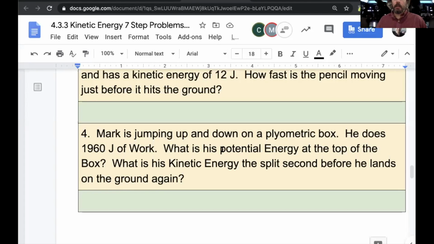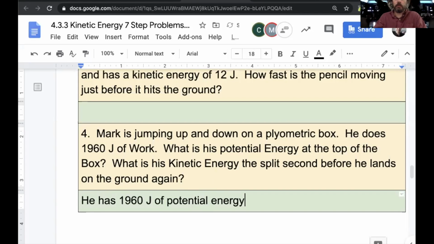Okay. When he jumps, he does 1960 joules of work to get on top of the plyometric box. What's the maximum potential energy that he could possibly have? It's got to be 1960 joules. So he has 1960 joules of potential energy, because that's how much work was done.